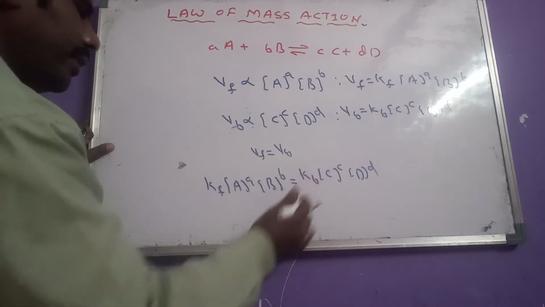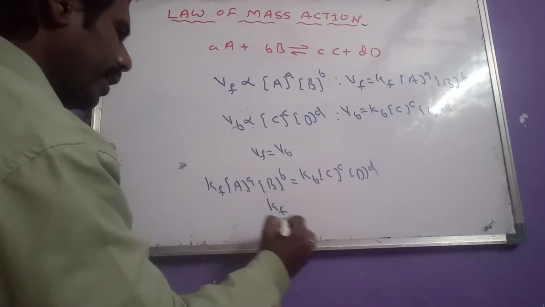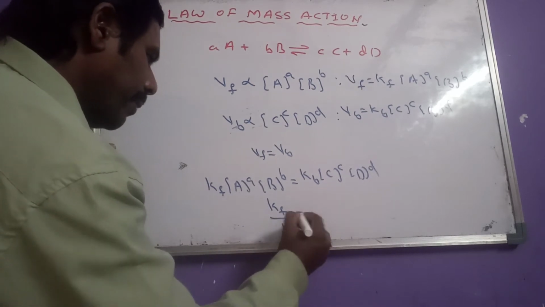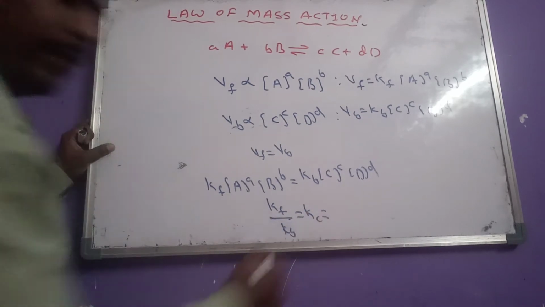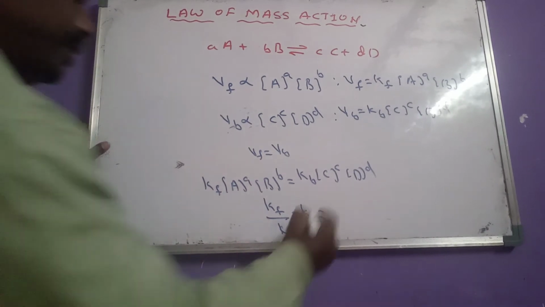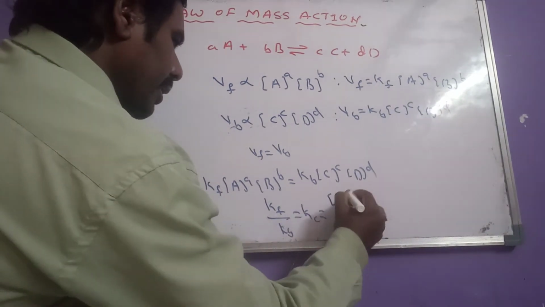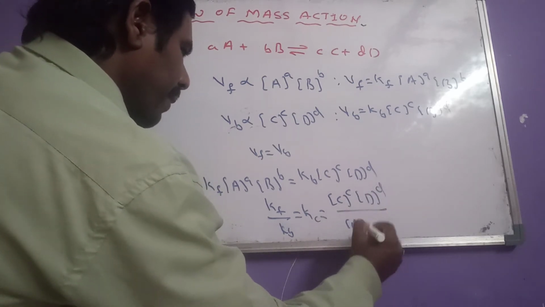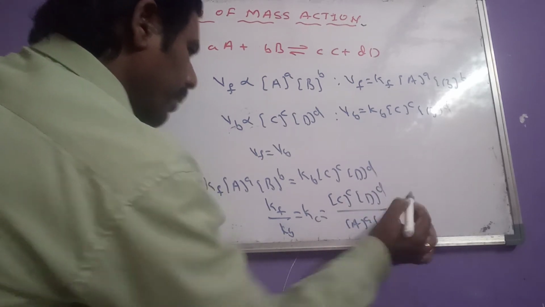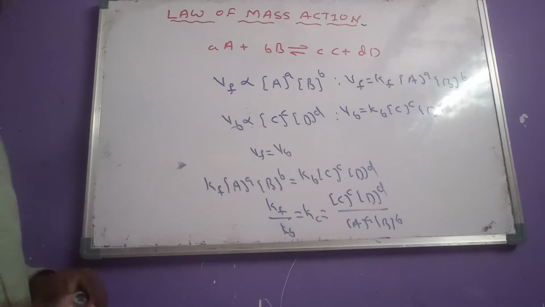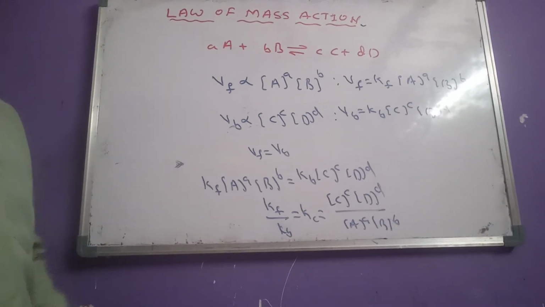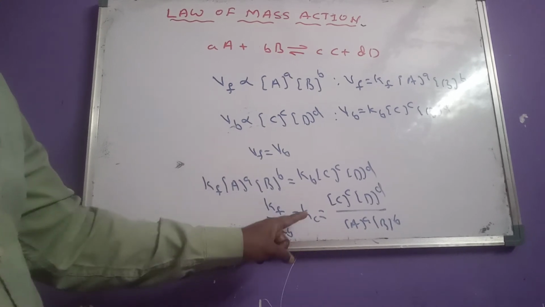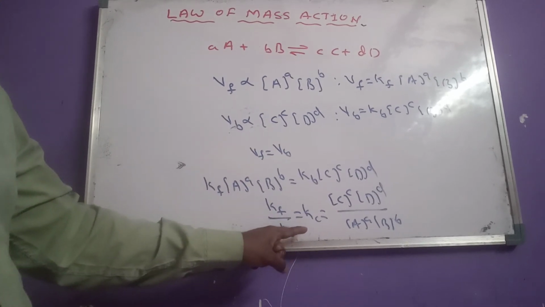By rearranging this equation, Kf by Kb, which is known as the equilibrium constant Kc, equals [C]^c [D]^d divided by [A]^a [B]^b. Here Kc is known as the equilibrium constant.